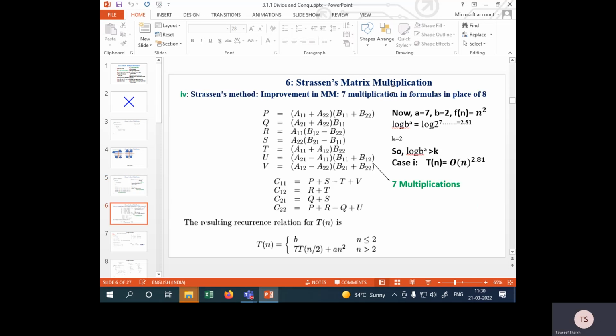So Strassen made an enhancement to matrix multiplication by getting the same results while decreasing the time a little bit, from cube to 2.81. And this is most often asked in the GATE exam, because quite often we forget those values.